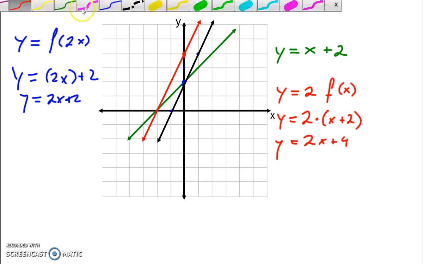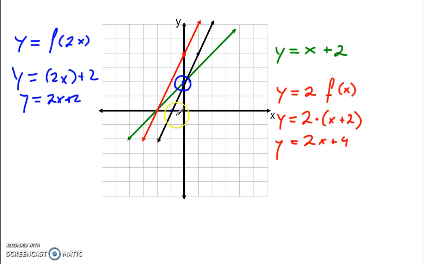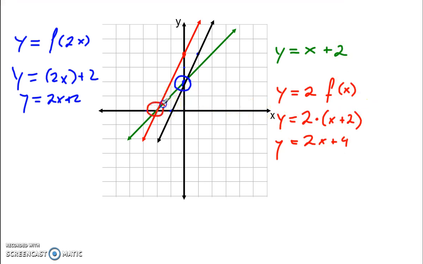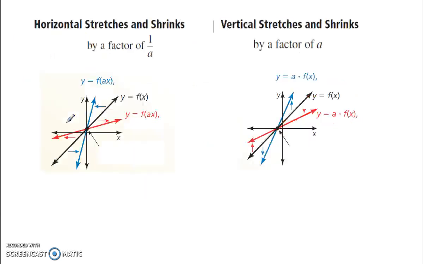Notice that when we multiplied just the x, the y-intercept didn't change. When we multiplied the entire thing, the y-intercept changed from 2 to 4, but the x-intercept did not change. A little tidbit of information there.